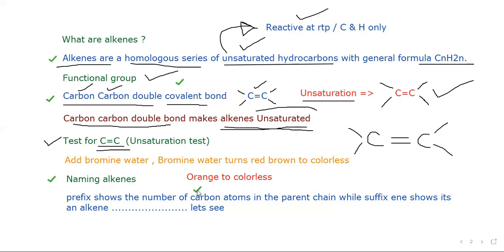They all are prefixes, and these prefixes show the number of carbon atoms in the parent chain. And after the prefix, we will use the suffix en, and this suffix en shows that the compound is an alkene, right? Let's see how to do it.